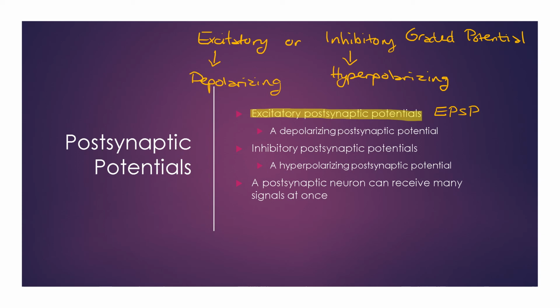So a hyperpolarizing postsynaptic potential is termed an inhibitory postsynaptic potential, also abbreviated IPSP. A postsynaptic neuron can receive many signals at once, both EPSPs and IPSPs, and we'll go over those yet.